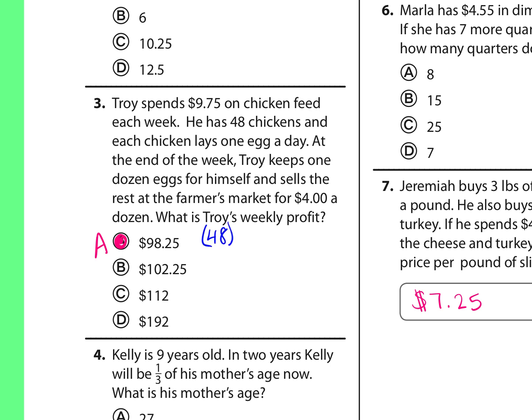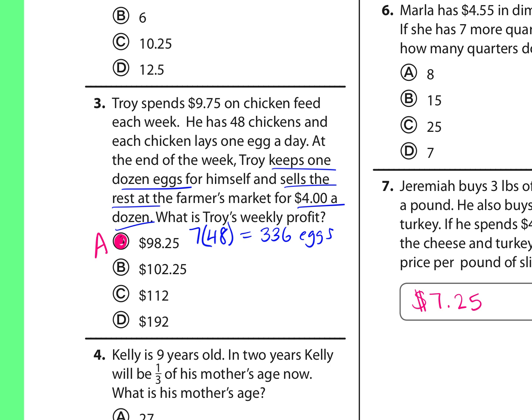If there's 48 per day, then he's getting 7 times 48 eggs for the week. And we could just work through this and say, well, that is 336 eggs that he brings in every week. Now it says he keeps 1 dozen and sells the rest for $4 a dozen.